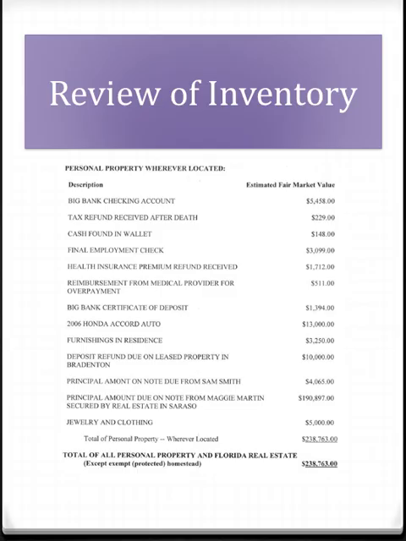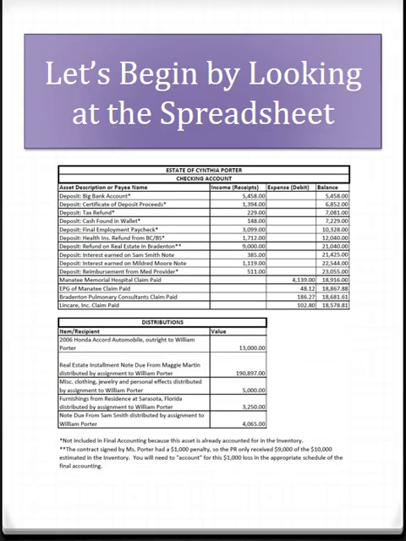So imagine that prior to this final accounting, some assignments of some of these inventory items have been given to the person that should receive them pursuant to the terms of the will.